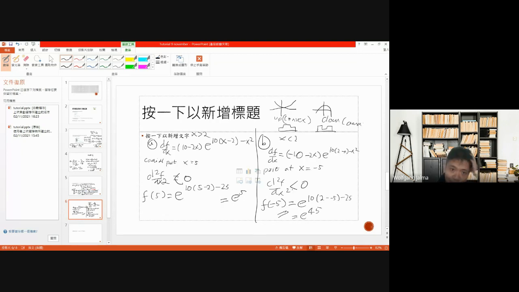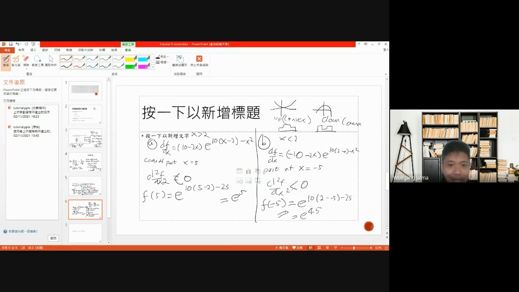What I want to say here is basically I know this answer because I drew the picture. That's how important graphing the equation is, not only to know what the picture looks like, but to get the answer.